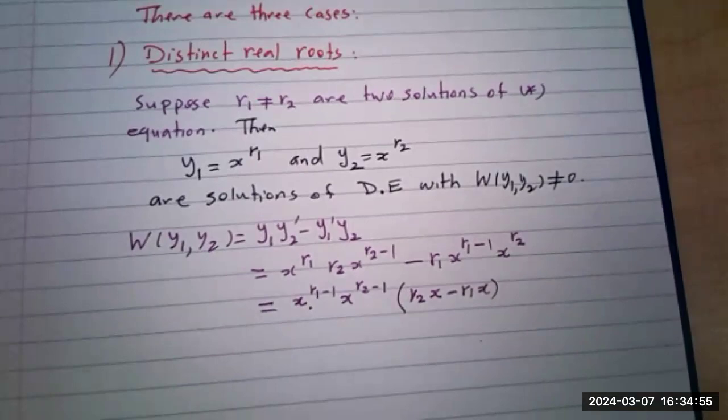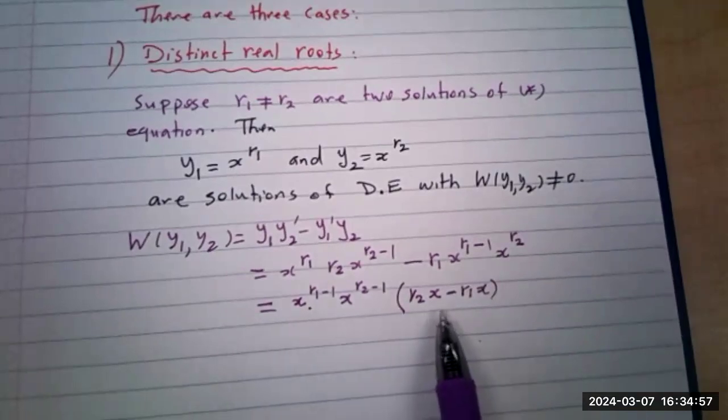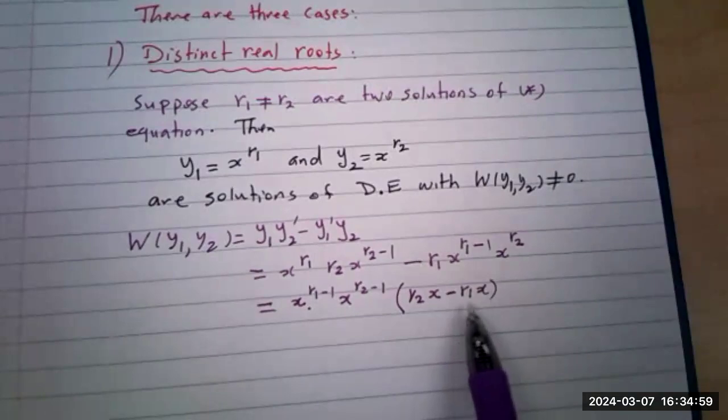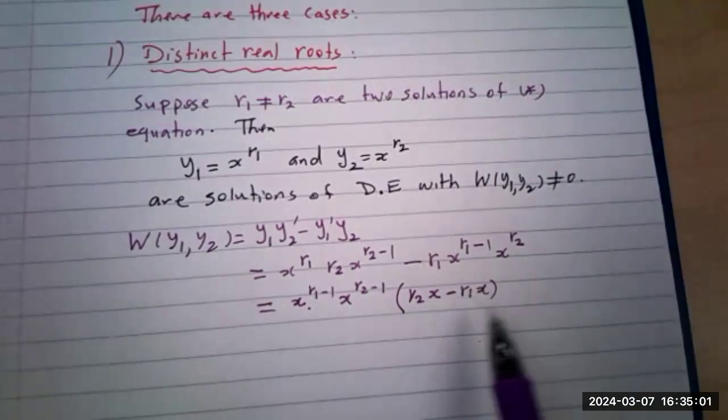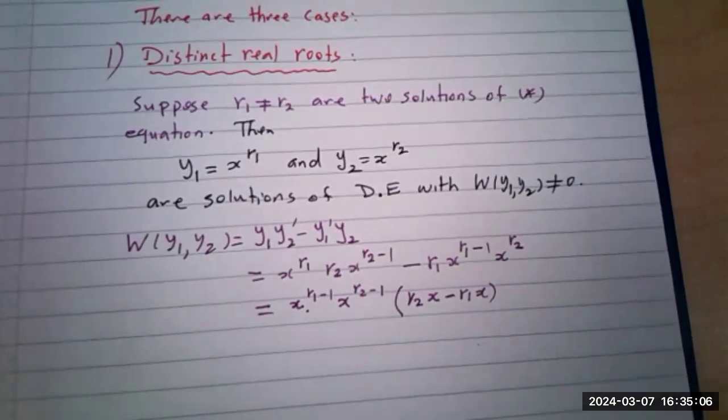I think that's great. You can factor out even that extra x. So everything is going to be a non-zero number because r2 and r1 are distinct, so the difference is never 0. I think that's correct.